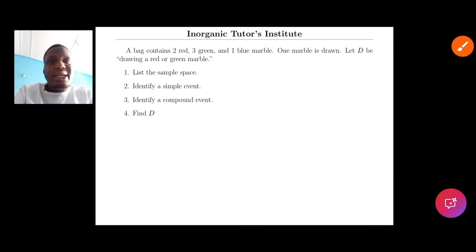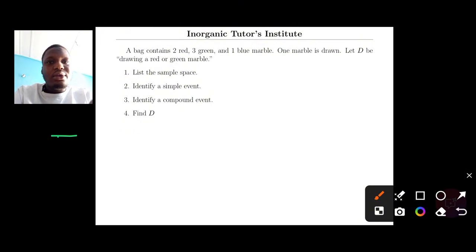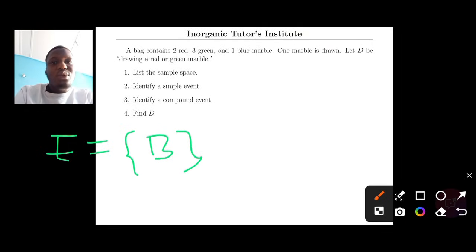Now, the second one is to identify a simple event, which we saw in the previous lesson. So a simple event could be the event of getting a blue ball.